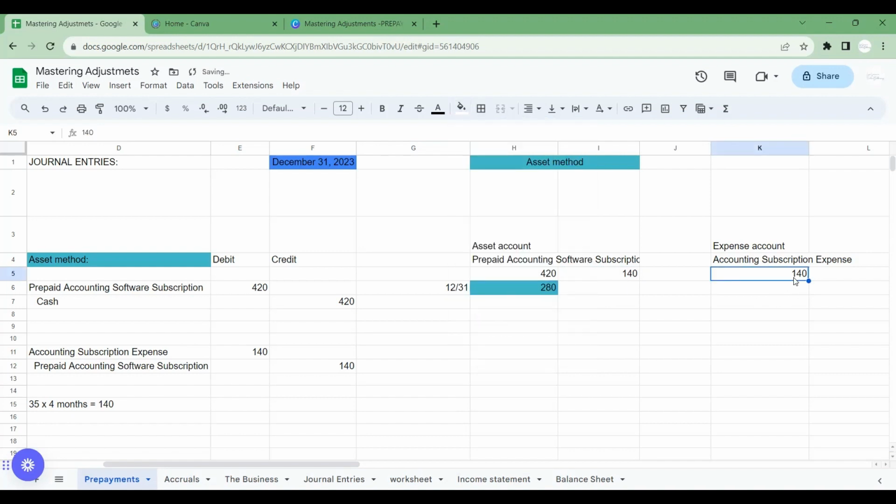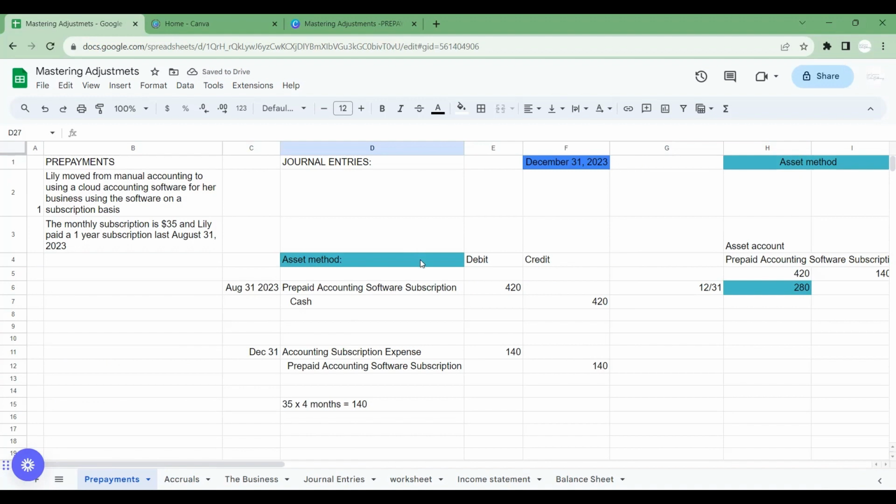This 280 will go to the current asset portion of your balance sheet. And the 140 accounting subscription expense will go to your income statement under the expense accounts.